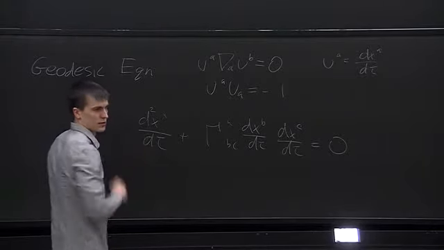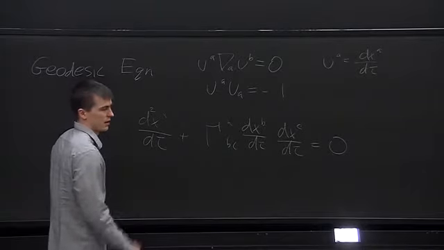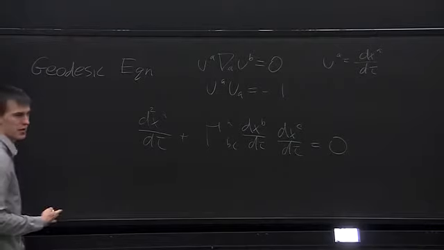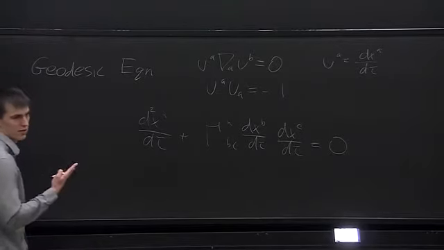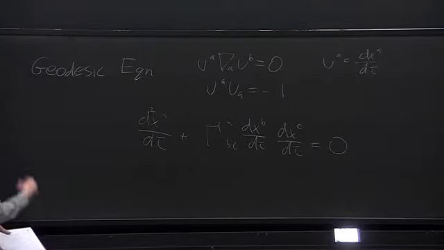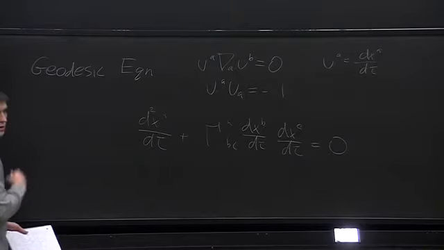Of course, we can still calculate this, but we'd have to integrate these second-order equations for a generic spacetime. However, for the Kerr spacetime, we have conserved quantities. We know that we have conserved quantities because we have Killing vectors. In particular, these conserved quantities will be constant along geodesics.